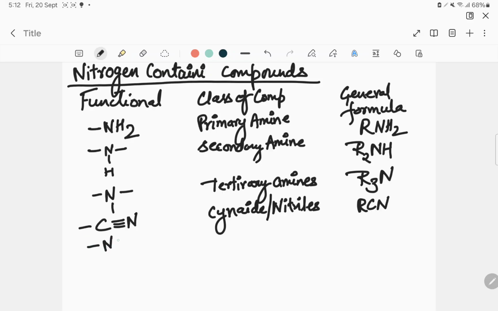We can also have the isomers of cyanides, where N is attached through a coordinate bond with carbon. These are known as isocyanides, and they have the general formula RNC.